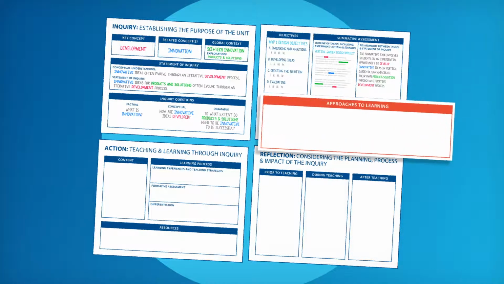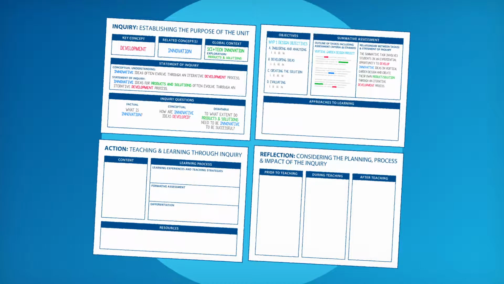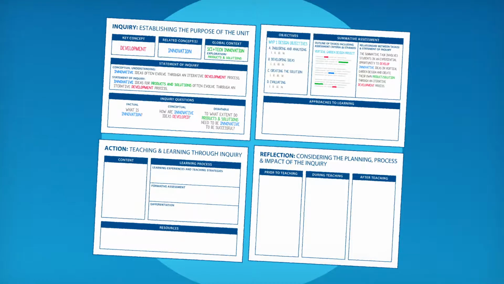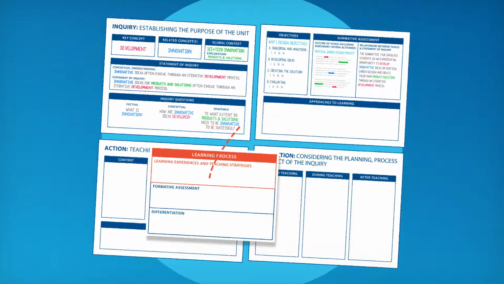Which approaches to learning skills would help students succeed in the unit's task or tasks? What content will help students build a base of disciplinary knowledge, understanding, and skills needed to successfully complete the summative task? How can the learning process be developed to support achievement in the summative task?